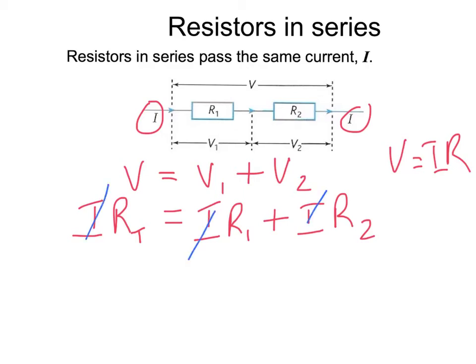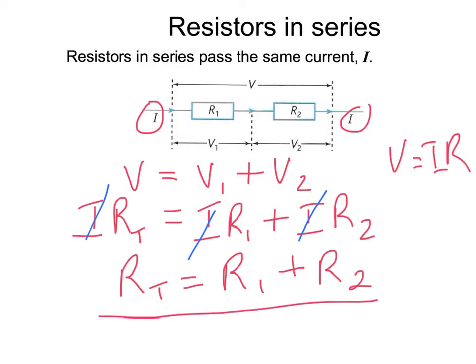We can cancel those off, and what we end up with is that the total resistance for series resistors is simply, you just add them up. And there we go. If it's more than two resistors, it's R1 plus R2 plus R3, etc.